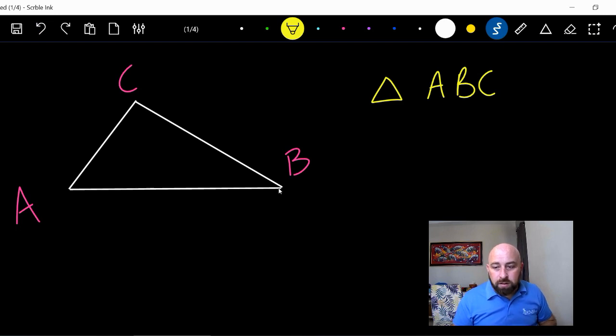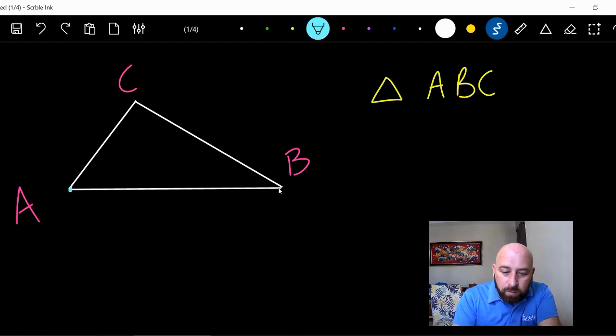After we learn how to label it, let's talk about some different parts of this triangle. We can talk about these little things right here in the corners. We don't always draw these, but they're there, whether or not we actually draw them on here, and I'm going to erase them in a second. These little dots are called vertices, or one of them is a vertex, but multiple are vertices.